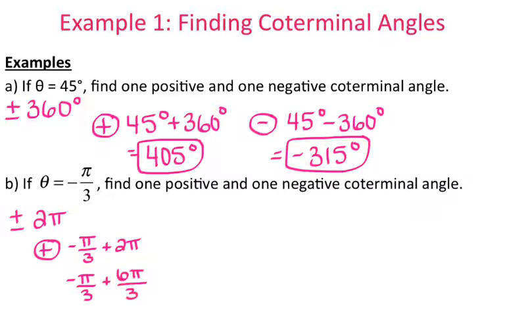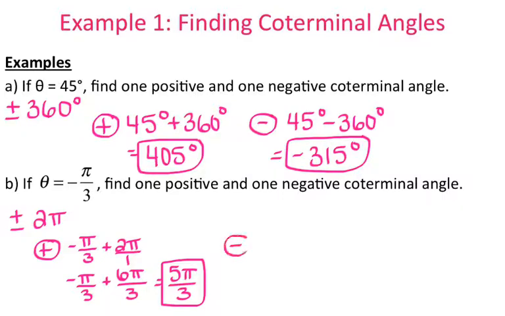I'm just getting that common denominator because 2 pi is the same thing as 2 pi over 1, so I have to multiply my 2 pi by 3 over 3. So that gives me 5 pi over 3. So a positive coterminal angle for negative pi over 3 is 5 pi over 3.